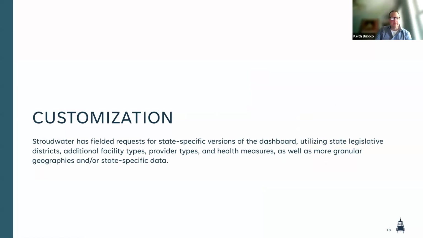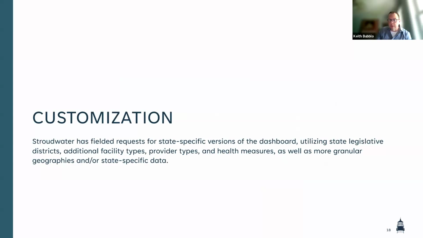All right, so I just want to talk about customization. Since we've rolled this out, Stroudwater has entertained some requests from different states, different organizations within states, about state-specific versions and using a lower geography. So rather than looking at county, we can look at zip codes.